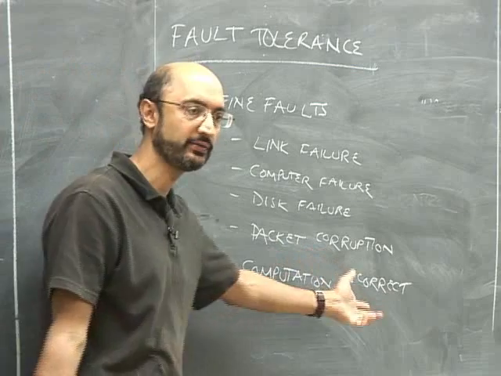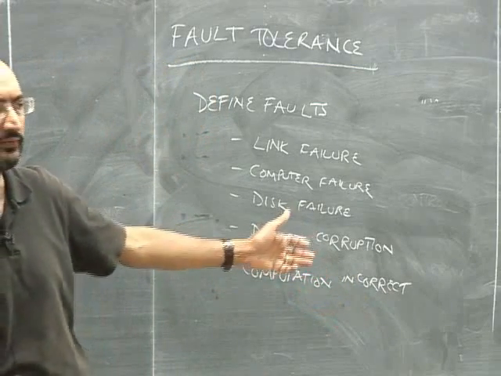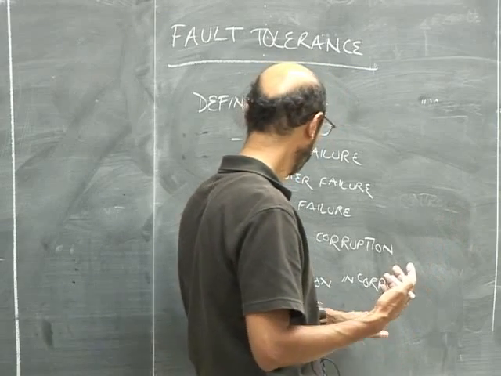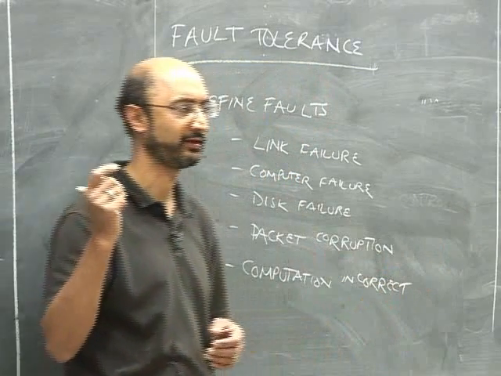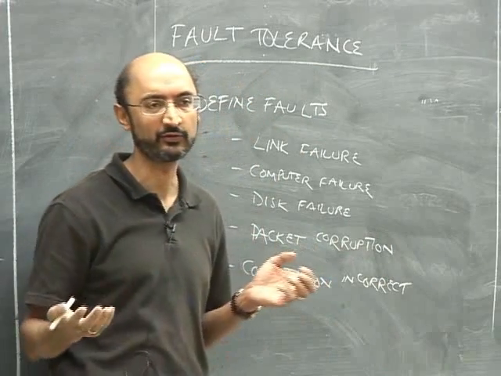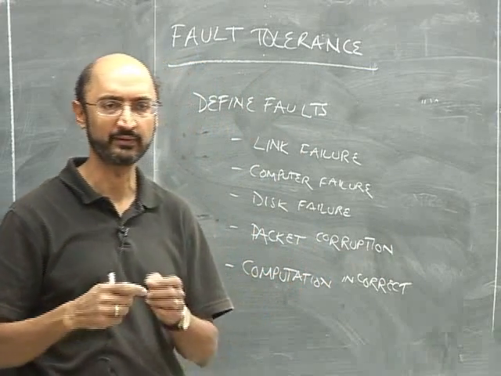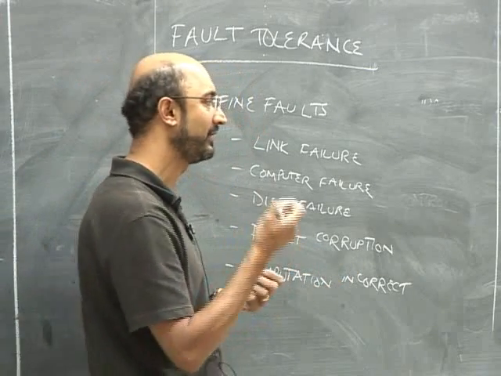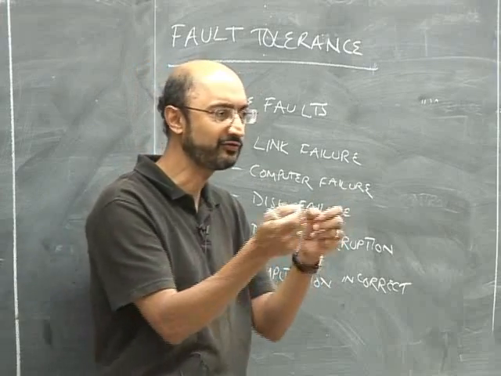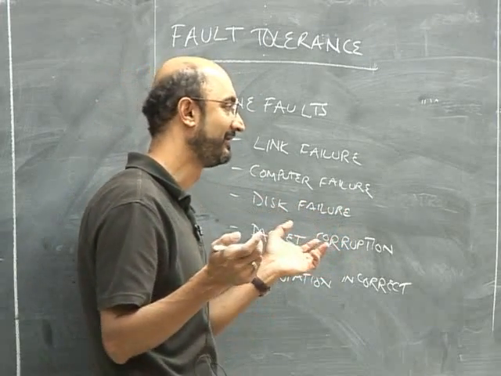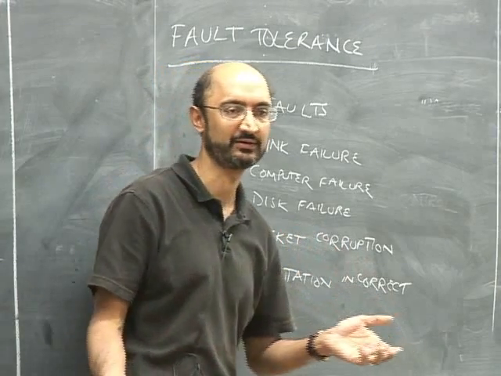Imagine you're sending a spaceship to Mars, and it takes two years to go there. One year after you send the spaceship, which is using a processor, the manufacturer announces, oops, we just forgot to tell you that if you add these two numbers, the answer is wrong. You're going to lose the whole mission, right?